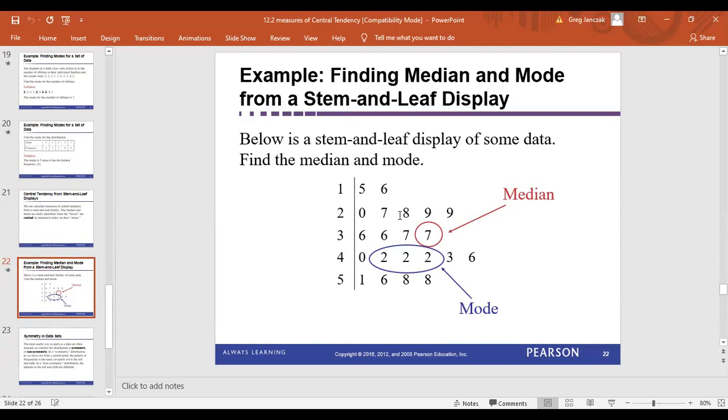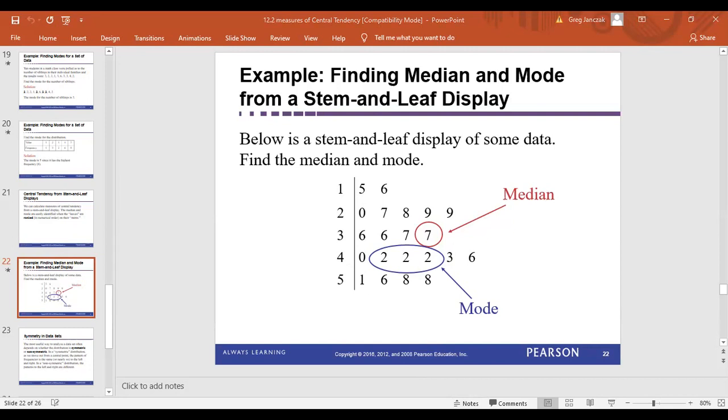So in this case, our median is 37, and our mode, because you count, this is the tens digit, our mode would be 42. So basically, you would have to add these up.